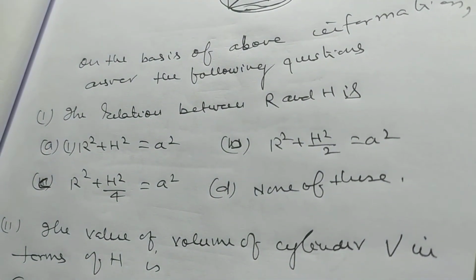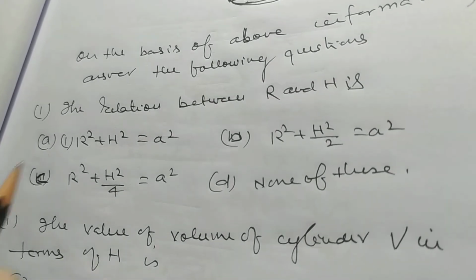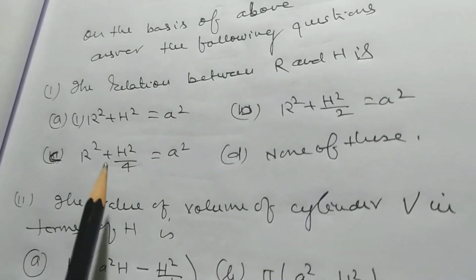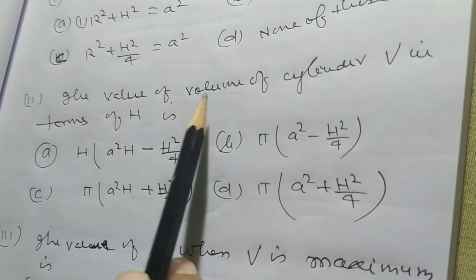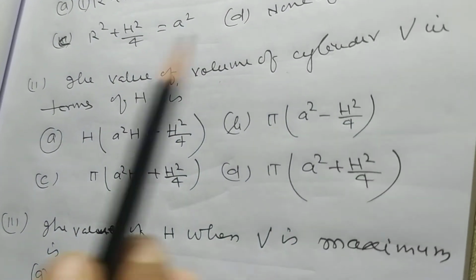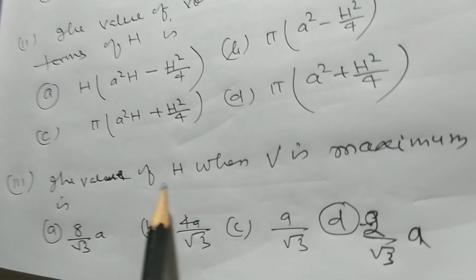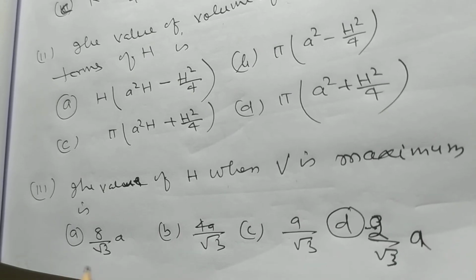There are 5 sub-questions. In the first, the relation between capital R and H is, there are 4 options. The value of volume of cylinder V in terms of H is, there are 4 options. The value of H when V is maximum is, there are 4 options.